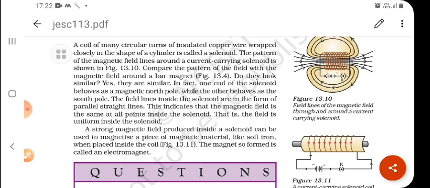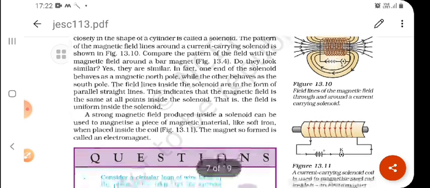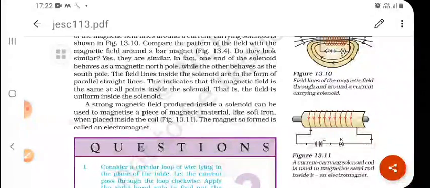A strong magnetic field produced inside a solenoid can be used to magnetize a piece of magnetic material like soft iron. So by using the strong magnetic field of the solenoid, we can magnetize a piece of soft iron.